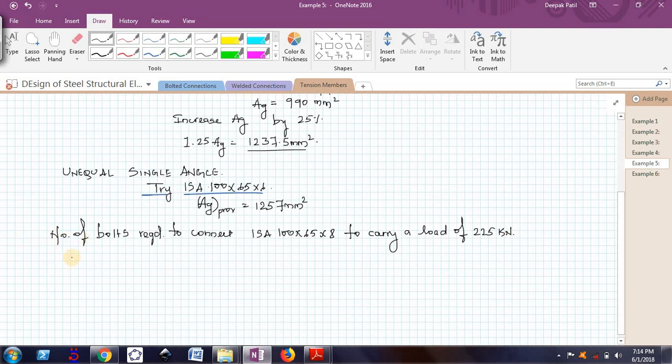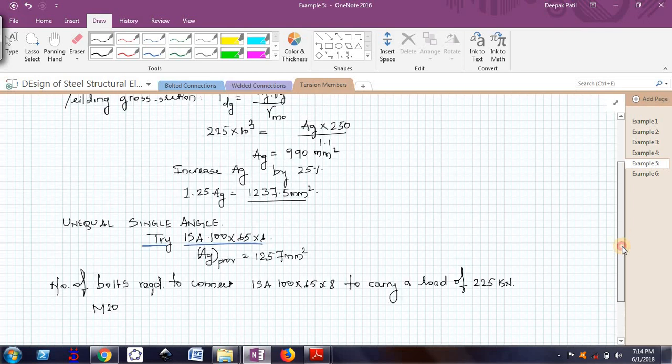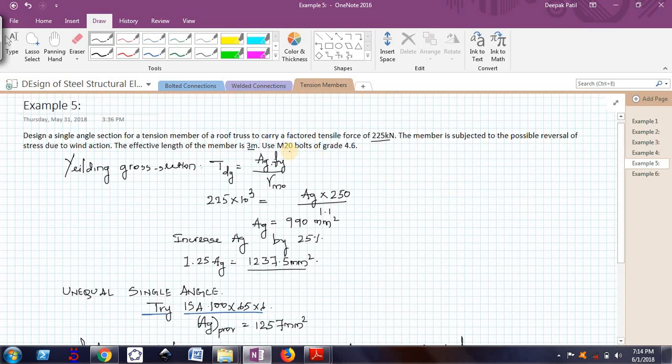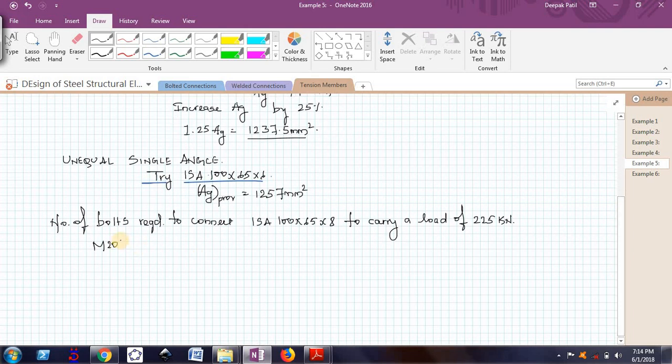So what I will do, I will try to use M20 bolts. Okay, here he has given what kind of bolts you should use. Yeah, he has told that you should use M20 bolts of grade 4.6. If it is not given, you can go with your choice. So I will use M20 bolts of grade 4.6.